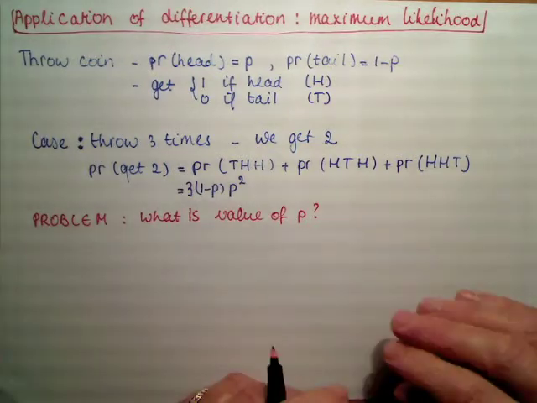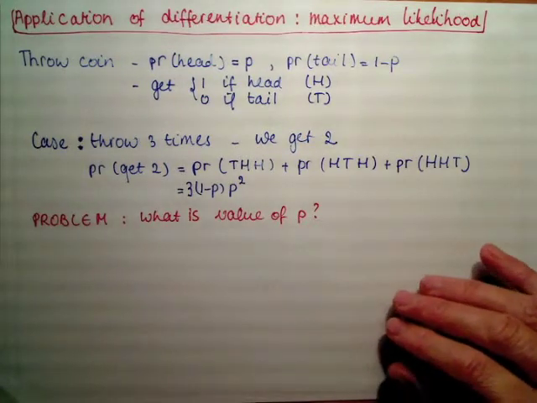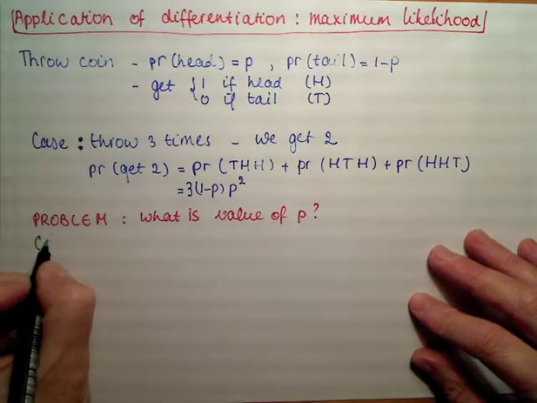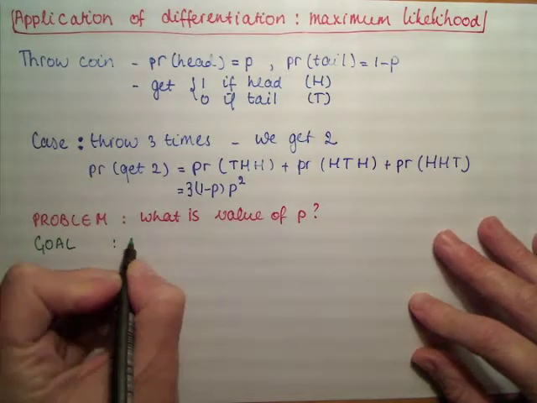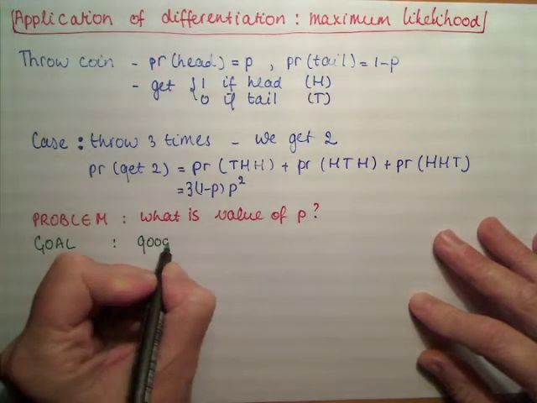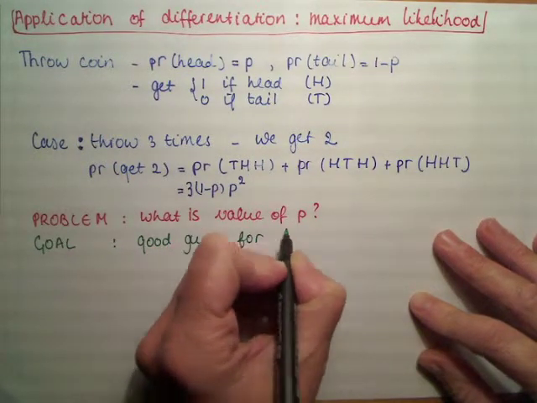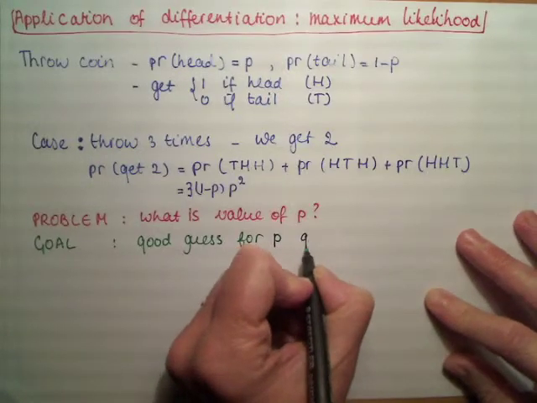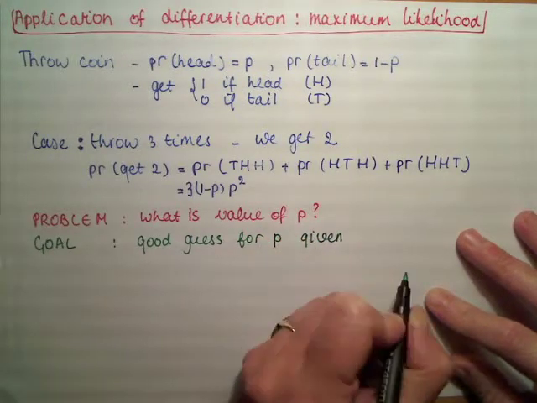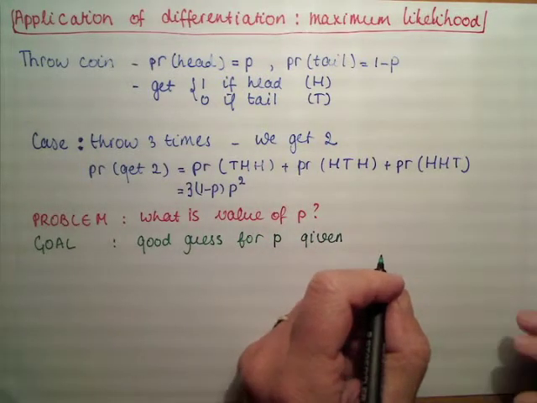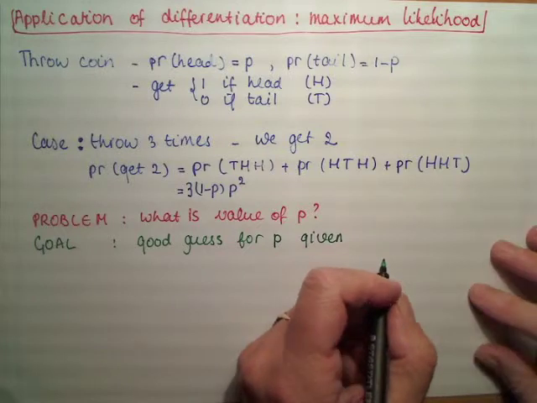Now, of course, we cannot know it, but we can try to guess it, and the goal is to make a good guess for p based on the information that we have. And the information that we have is that we got 2 in 3 throws after we threw the coin 3 times.